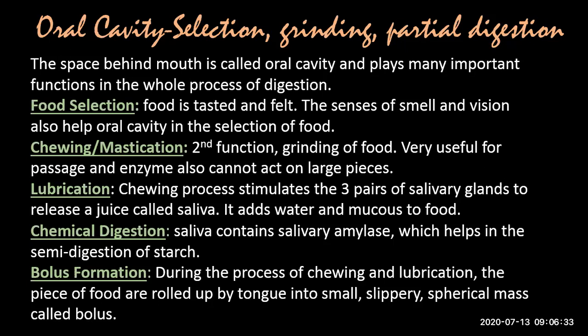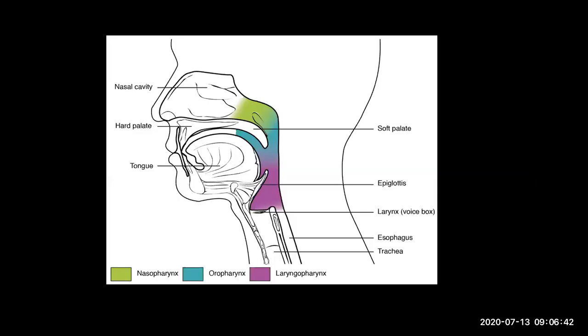So this is how you pass the bolus from the oral cavity, when the bolus is formed, into the pharynx and esophagus and small intestine. If you look at this area, I have told you that this is the opening of the trachea, which is protected by the epiglottis. This is the glottis, and it is protected by the epiglottis.